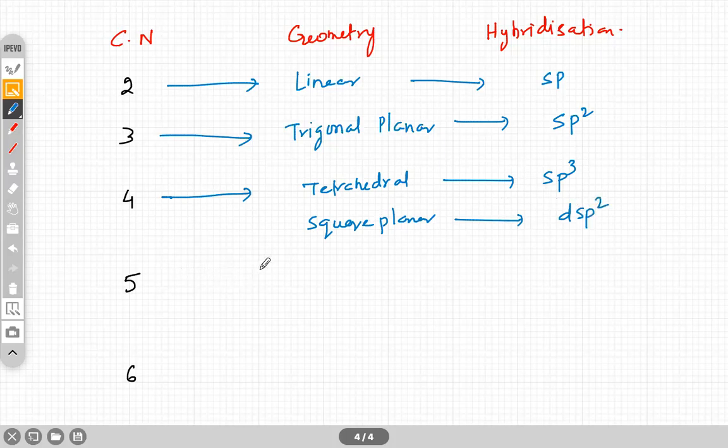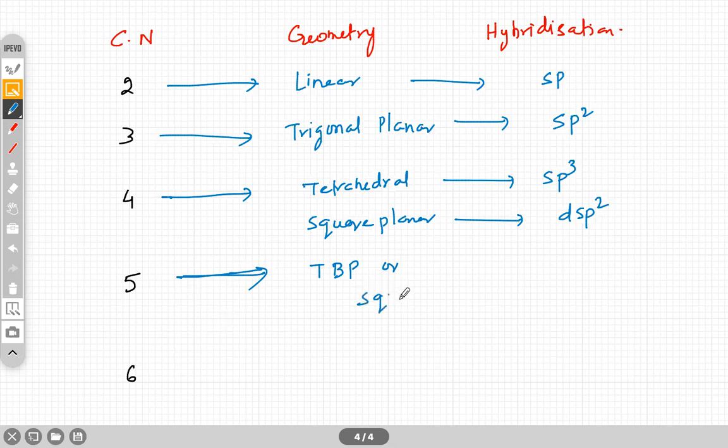For coordination number 5, two different geometries are possible: trigonal bipyramidal or square pyramidal. And the hybridization is either dsp3 or sp3d. Keep this in mind. It is not like trigonal bipyramidal is dsp3 and square pyramidal is sp3d. It could be anything.